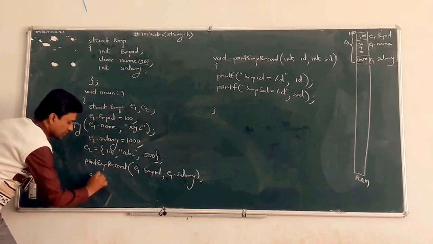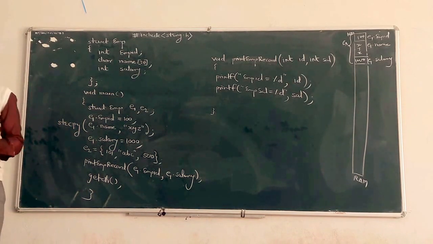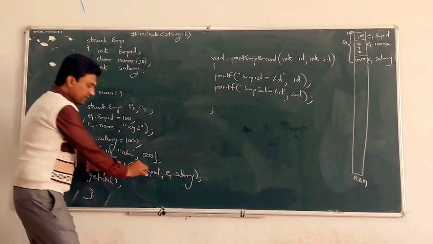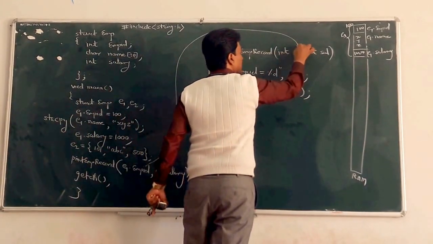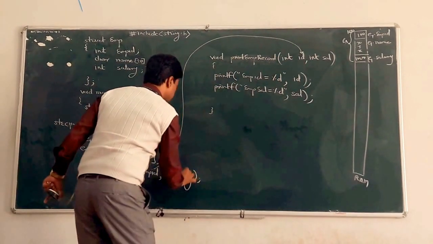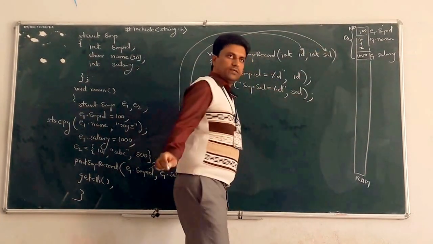Next is the getch, and the main function is complete. Okay, what happens now? E1.employee ID is copied into ID, and E1.salary is copied into the salary variable.